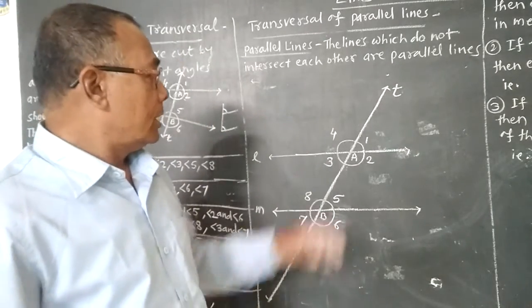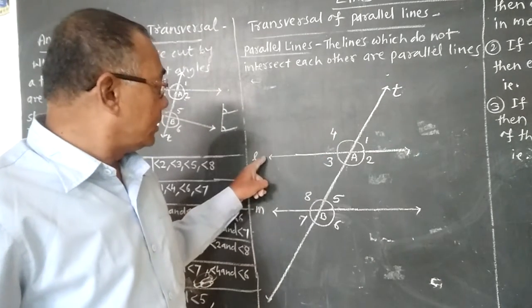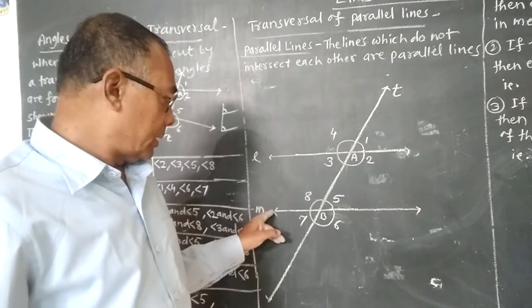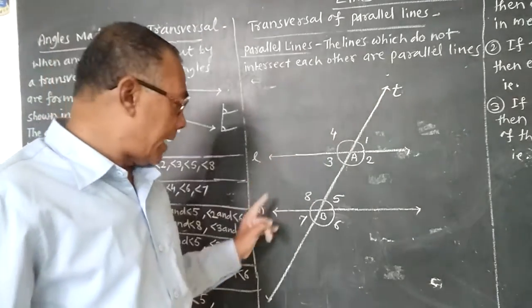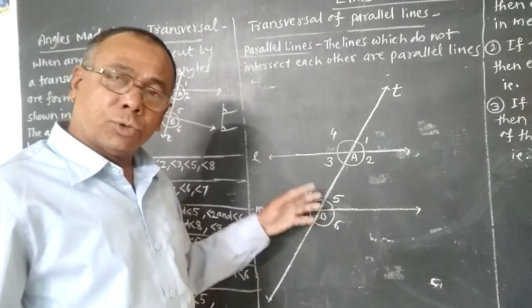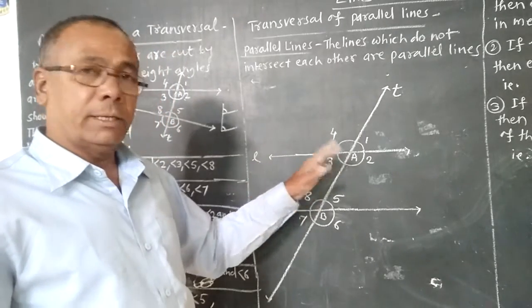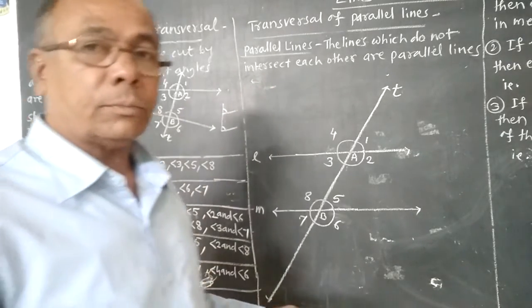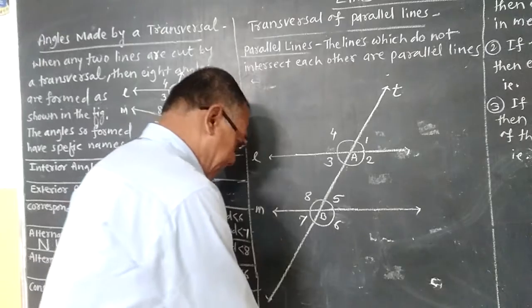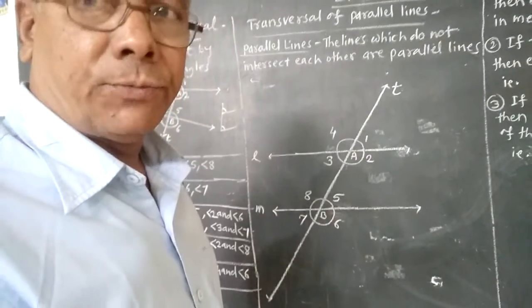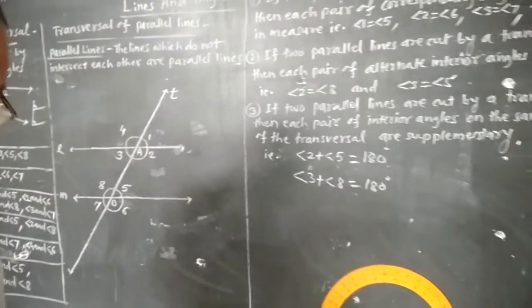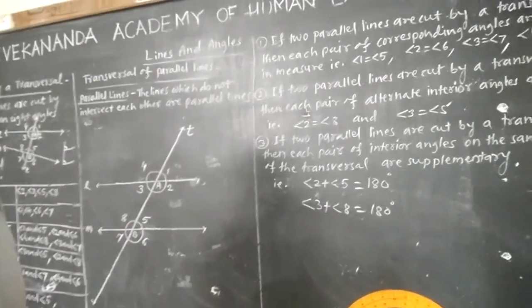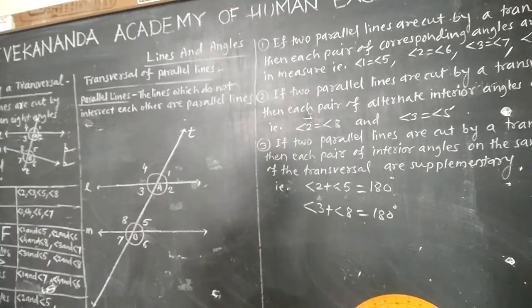Transversal T intersects line L at a point A, and line M at B. So again we get 8 angles, and now we have to check the conditions for when we can say that these two lines are parallel.